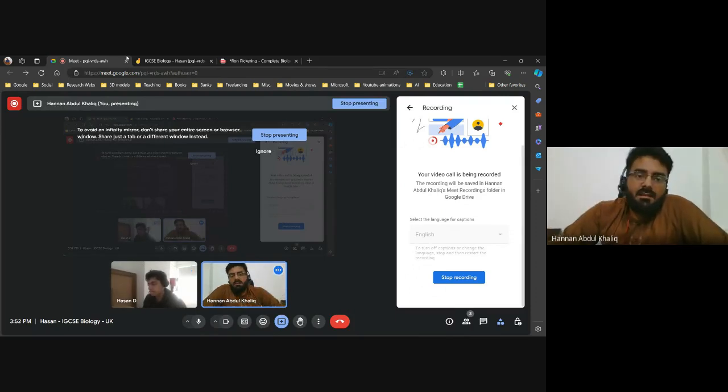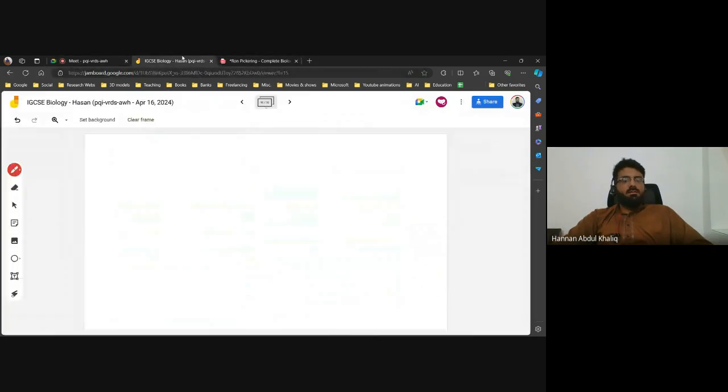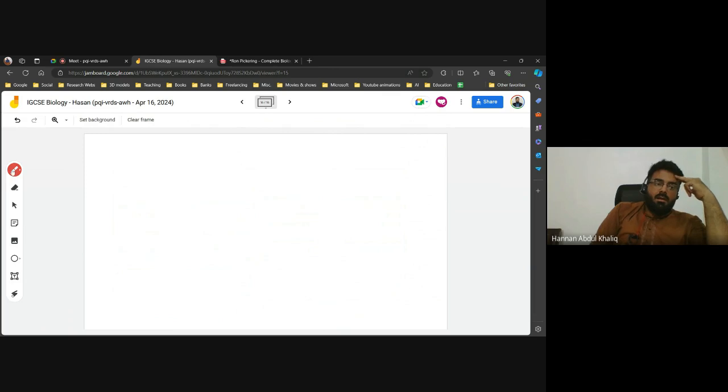If these cells have to perform a task, they have to arrange themselves in a unique and specific way. Let's talk about a duct, or even the xylem.